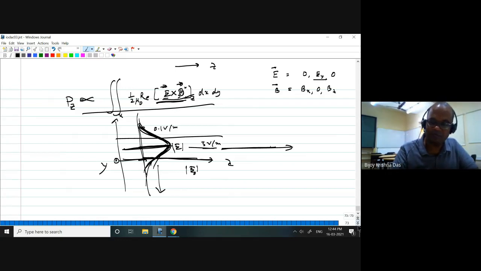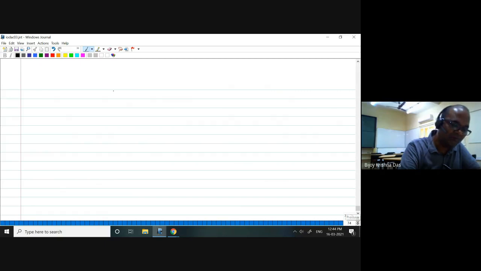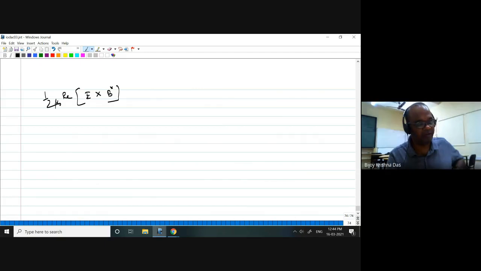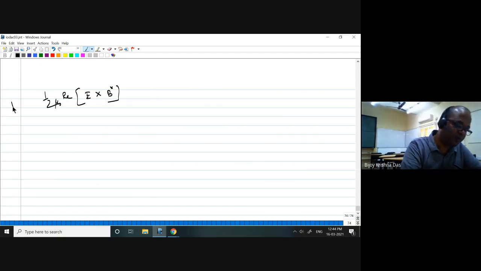Let me see. Okay, I have the component. I want to find out E cross B star, right? And then I have to take the real part and take half. That will be your average power, over 2 μ0. It's a non-magnetic material. That is actually your power flow, right? Let me try to see what are the components available for TE polarization.